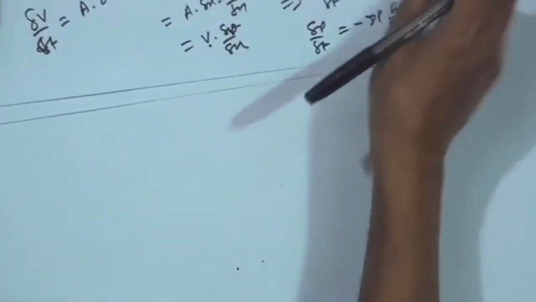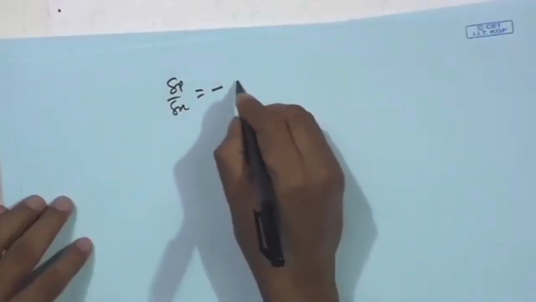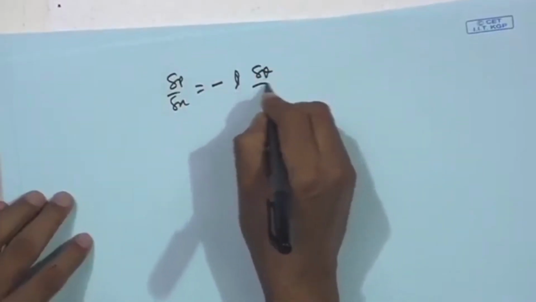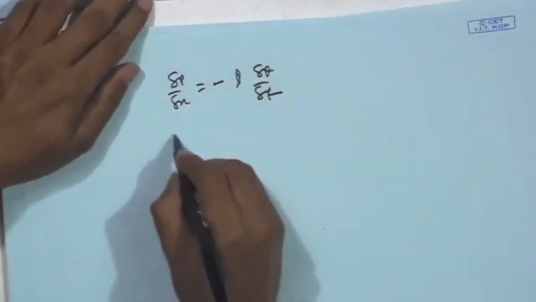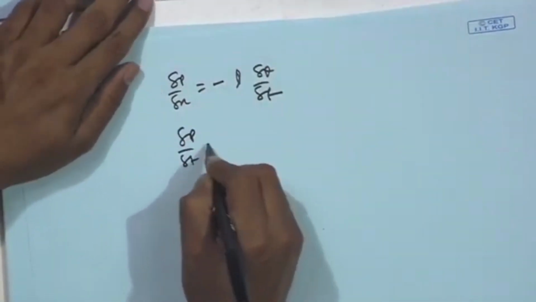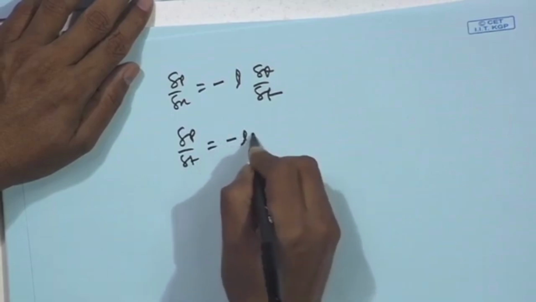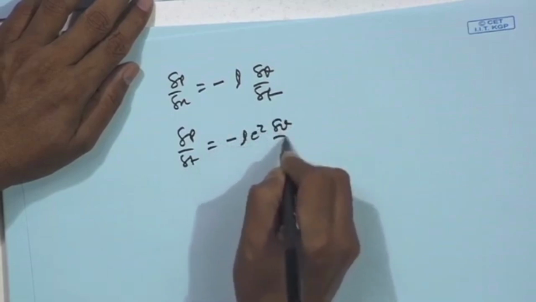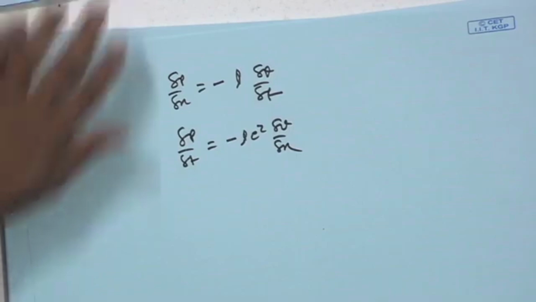So, I can write another wave equation. So, first wave equation was del p by del x is equal to minus rho into del v by del t, and here I get del p by del t is equal to minus rho c square del v by del x.